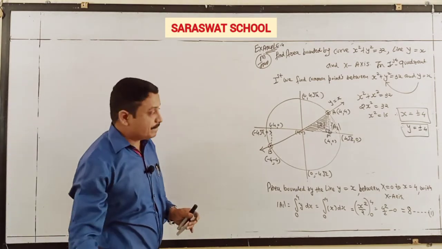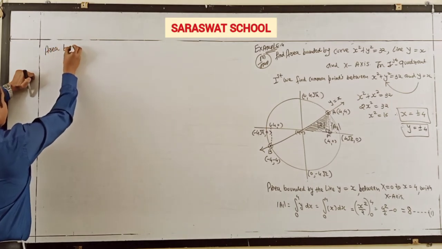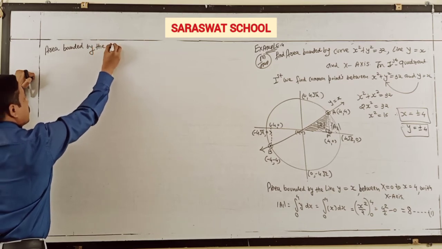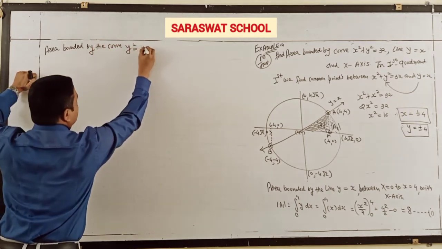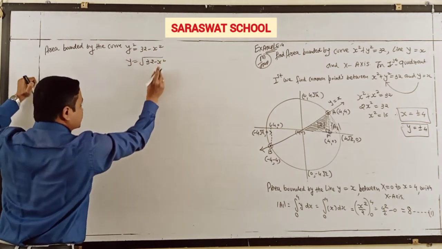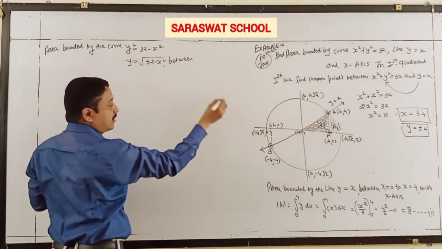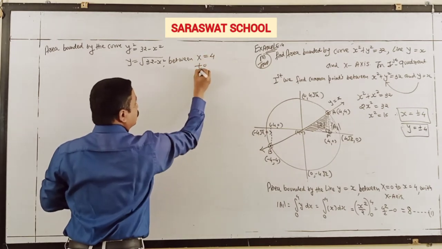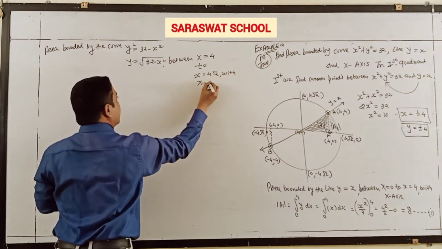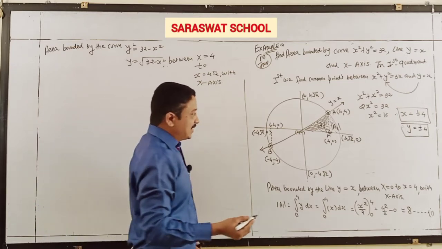Continue: the area bounded by the curve y square is equal to 32 minus x square, so y becomes the root of 32 minus x square, between x is equal to 4 and x is equal to 4 root 2, with the x-axis.